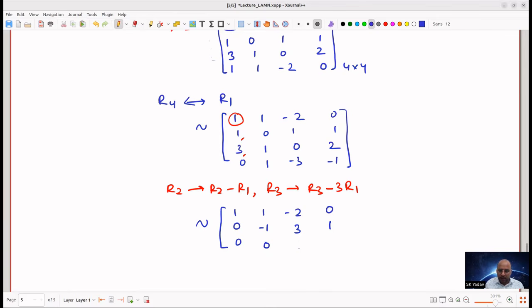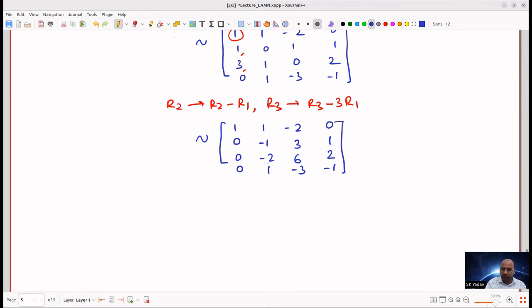Yeah, here was the mistake, minus 2. And 0 minus 6, so plus 6 here, and then here I have 2. Fourth row is 0, 1, minus 3, minus 1.